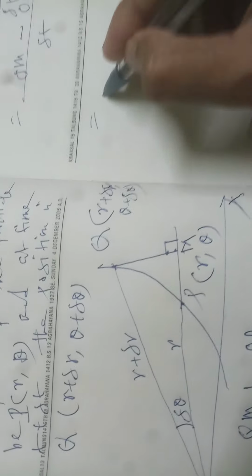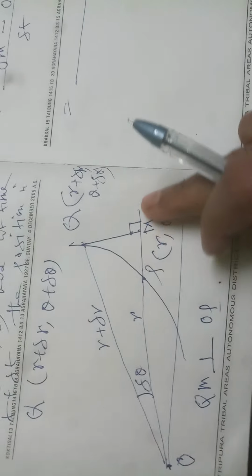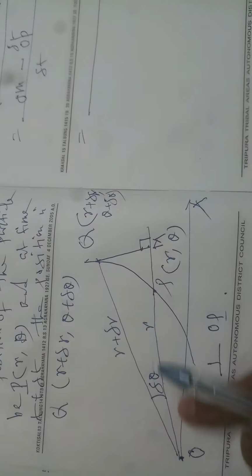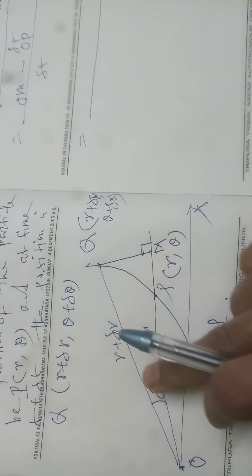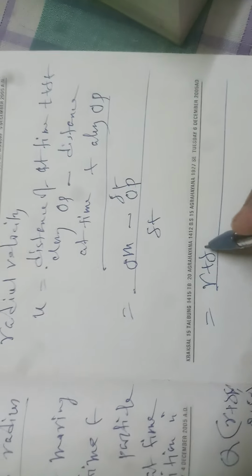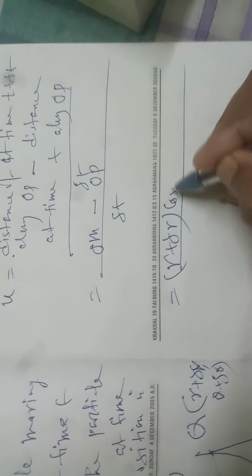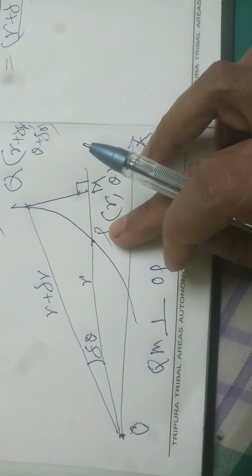So OM, in this triangle, is the hypotenuse of the right angle triangle. So OM equals r plus delta r cos delta theta. So r plus delta r cos delta theta minus the distance along OP at time t, which is equal to OP, so minus r only, divided by delta t.